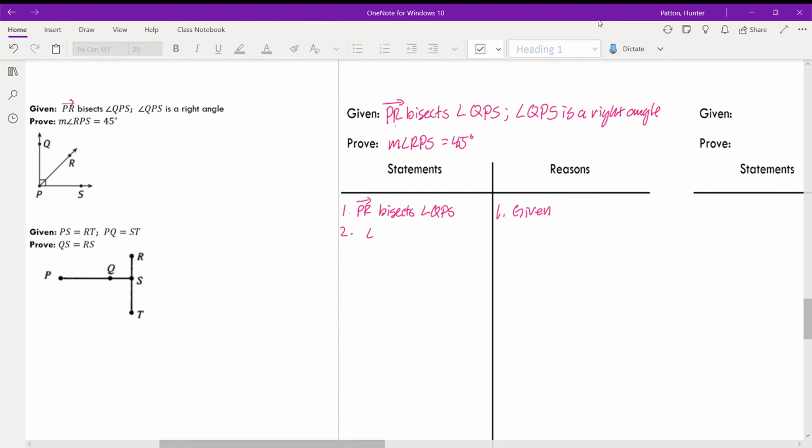So angle QPR is congruent to angle RPS by definition of angle bisector.